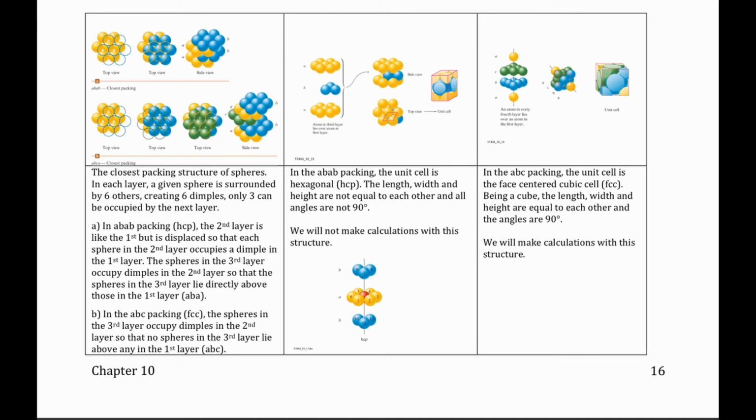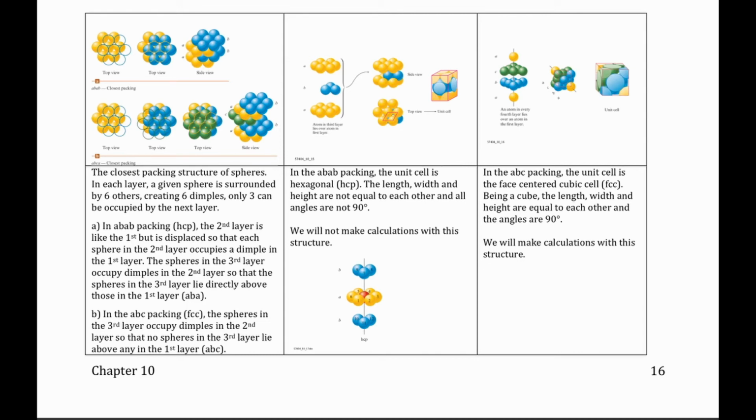The spheres in the third layer, so that would be the yellow layer, occupy the dimples in the second layer so that the spheres in the third layer lie directly above those in the first layer. And that's how we get that ABA layering.